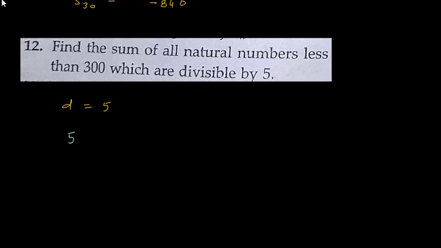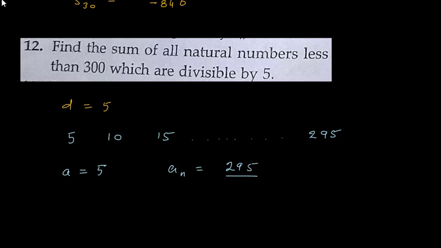Our first number is 5, then 10, then 15, and like this the last number will be 295, right? This is our sequence. D is 5. We have to find the sum. So a is 5, and the last number an is 295.